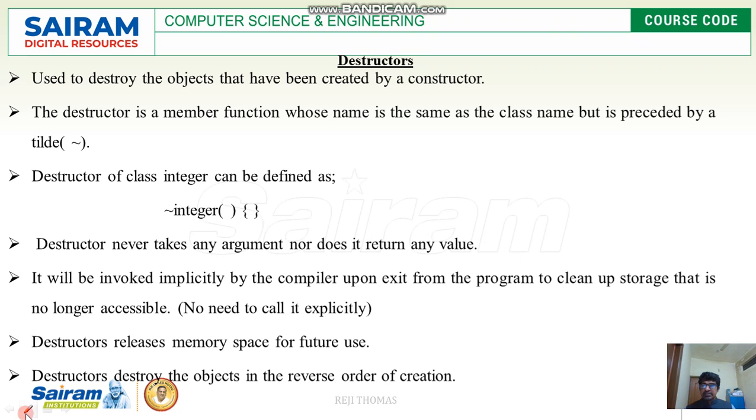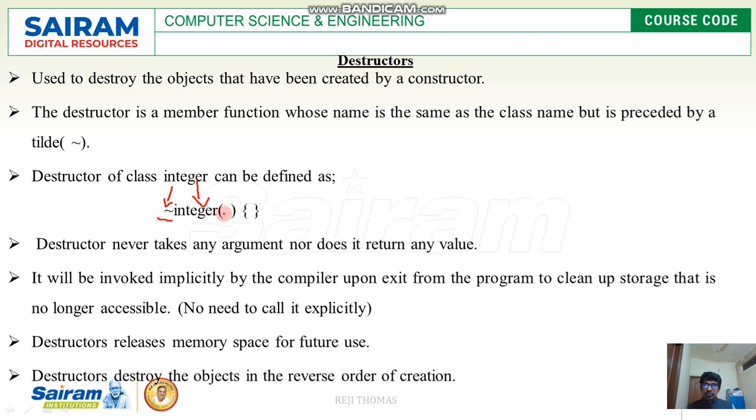So let us see what the syntax for this is. Normally we use the tilde operator, then you have to give the class name. So remember, this is also like your constructor. It has the same name as your class, and it starts with the tilde operator. Then you give the class name and brackets.